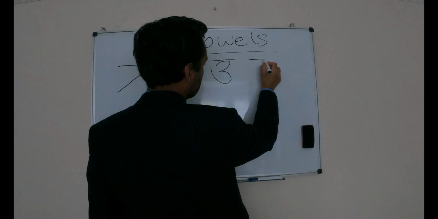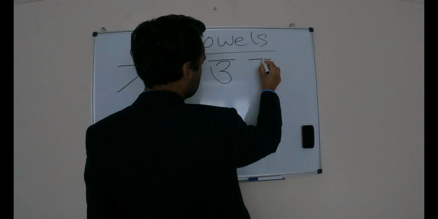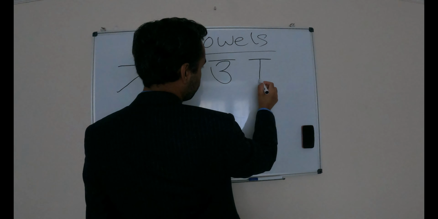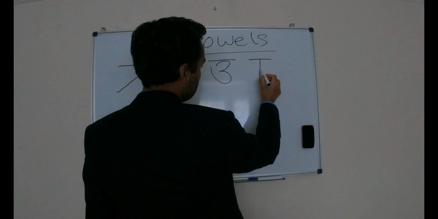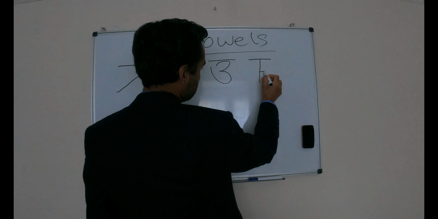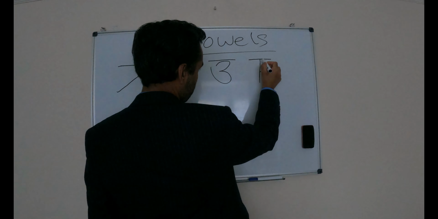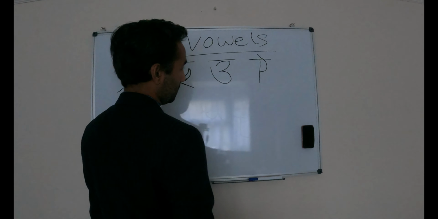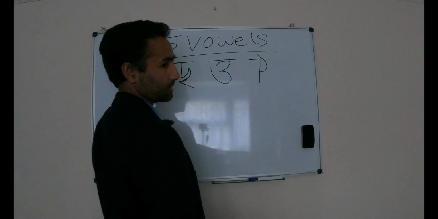The next one, line across the top. Straight line down. And then from the middle you make a kind of circle and then curve it round to the top. That is the E sound.